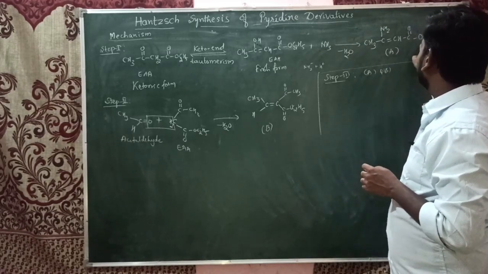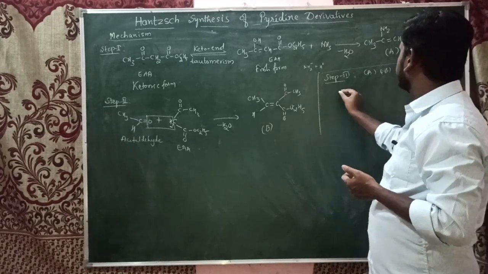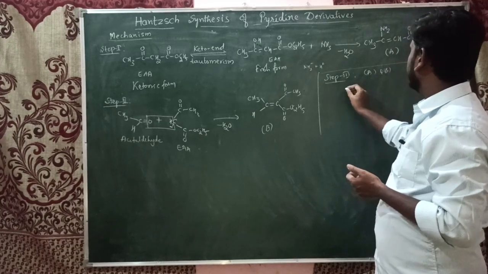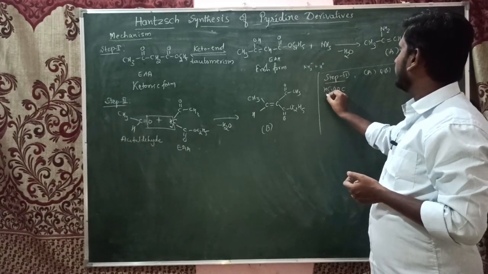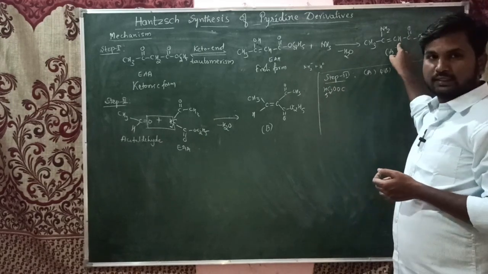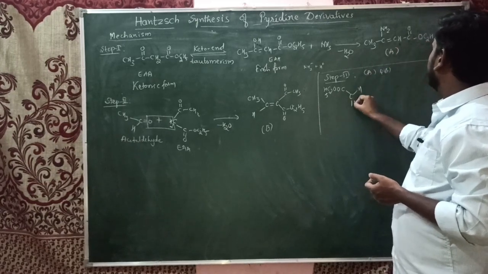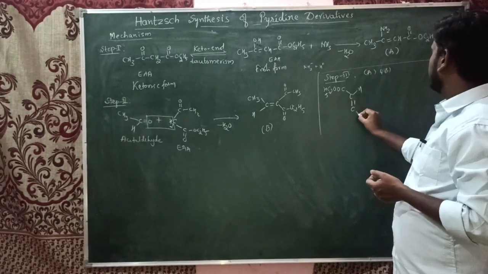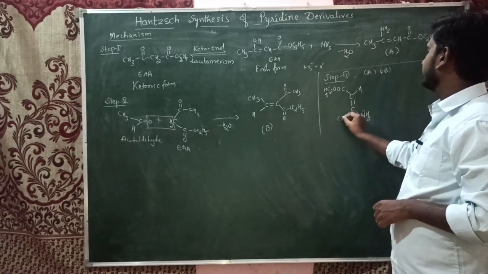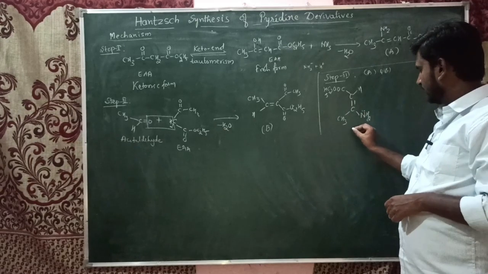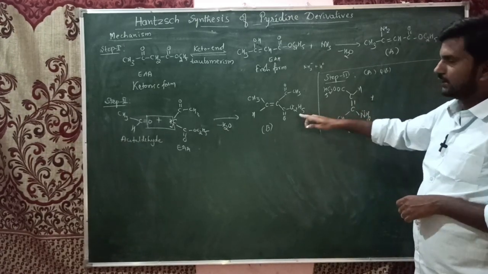For A, first we'll take the COOC2H5 ester group, which is attached to the CH. So CH double bond C NH2 and CH3. Okay, this is A. Now it is treated with B, this compound.